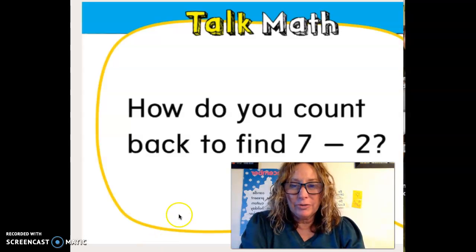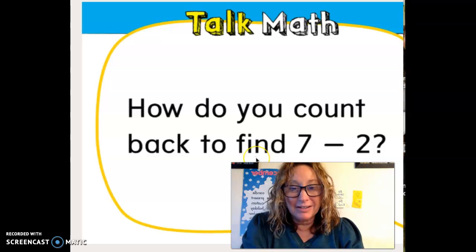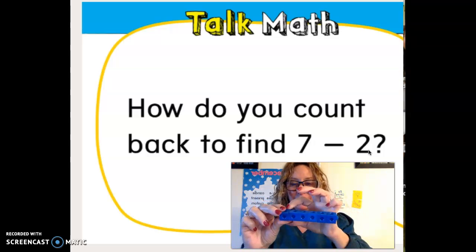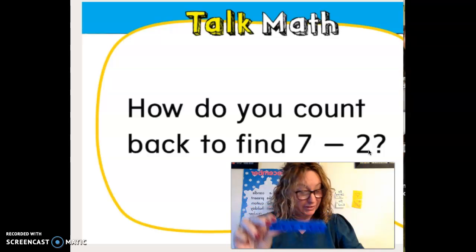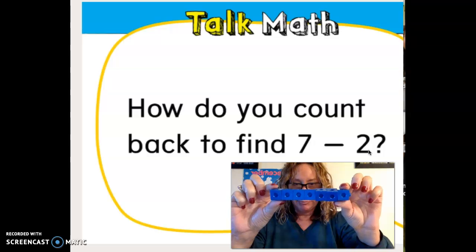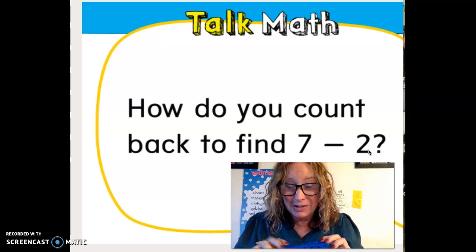Now, how do you count back to find 7 minus 2? All right, so get your cubes out. And I want you to start with 7. 1, 2, 3, 4, 5, 6, 7. So you can use your cubes or counters, or you could draw a picture too.